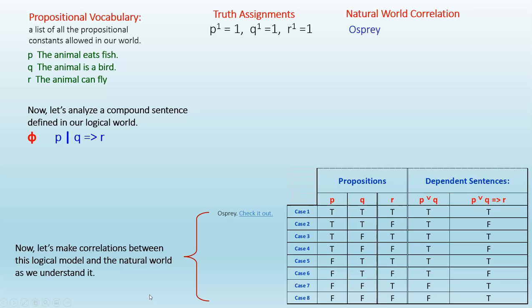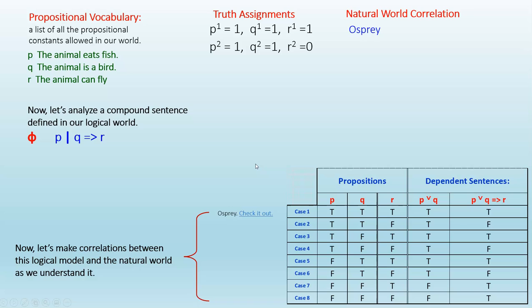So what I'm saying is, if it is true that the animal eats fish and the animal is a bird, then the animal can fly. That's what I'm saying, and that is a true statement in case 1. The osprey is the example.